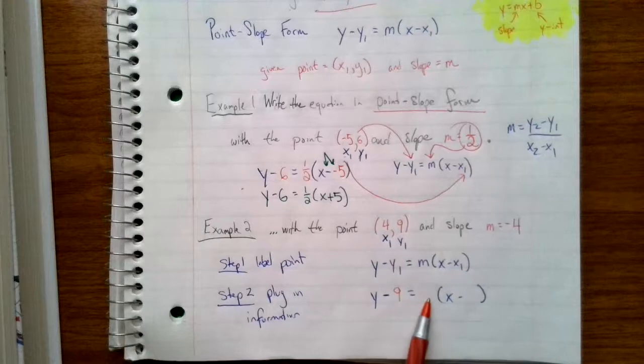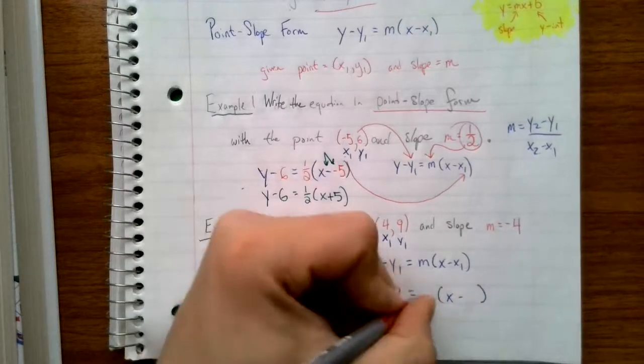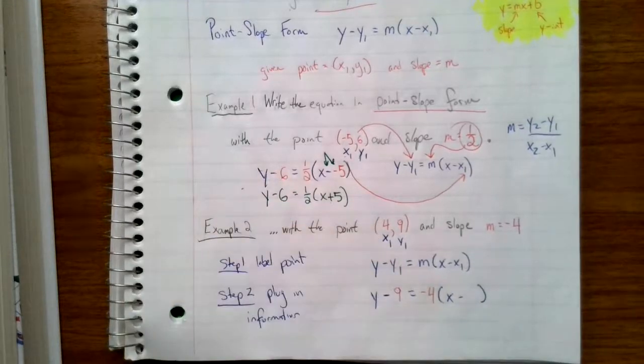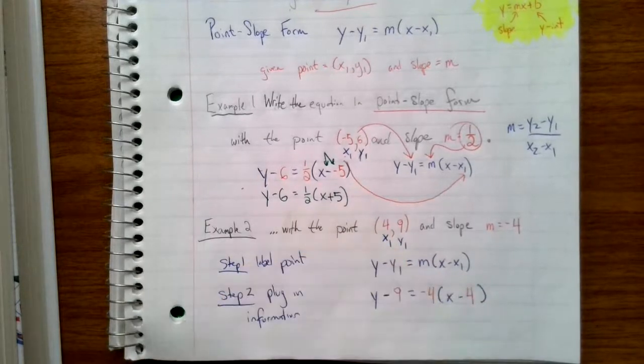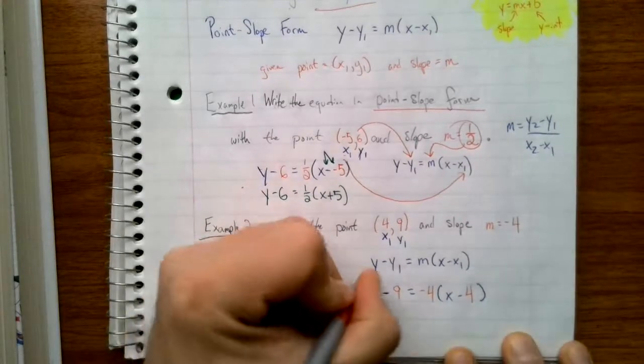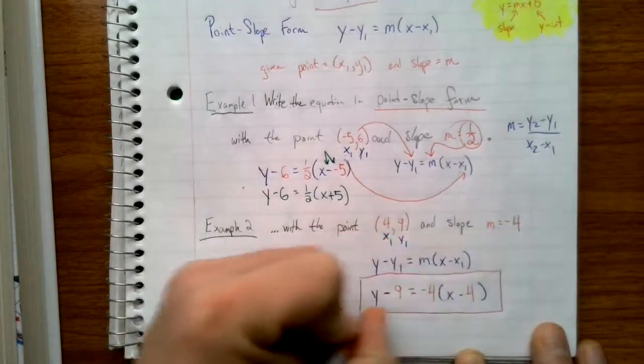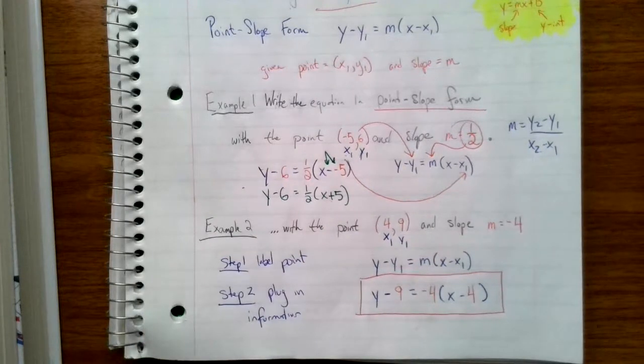The next thing is m. My m value in this example is negative 4. And then my x1 is 4. And once we have that information substituted into the formula, we are finished writing the equation in point slope form.